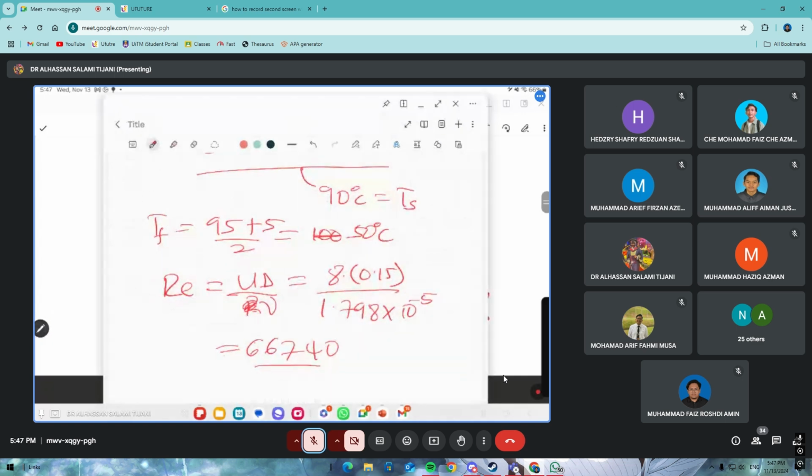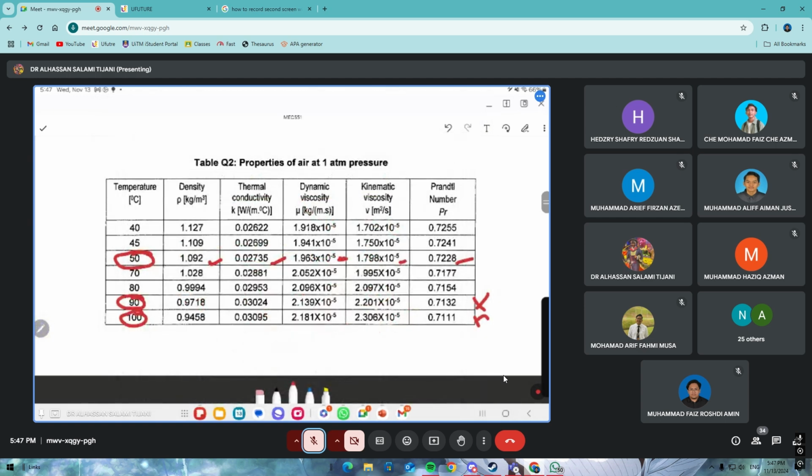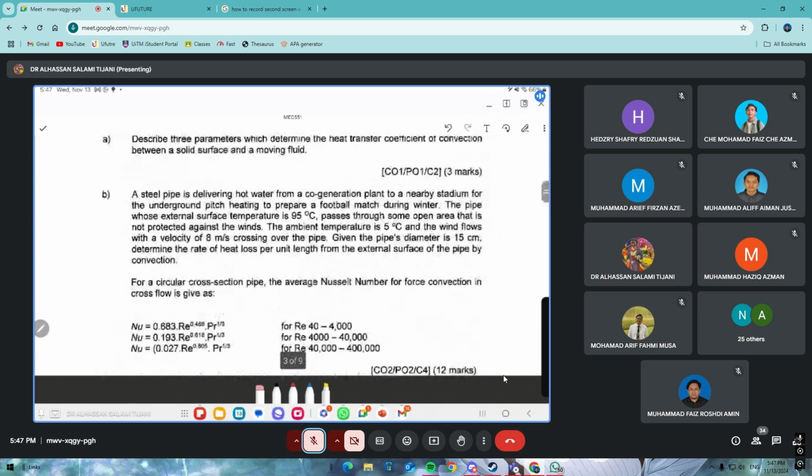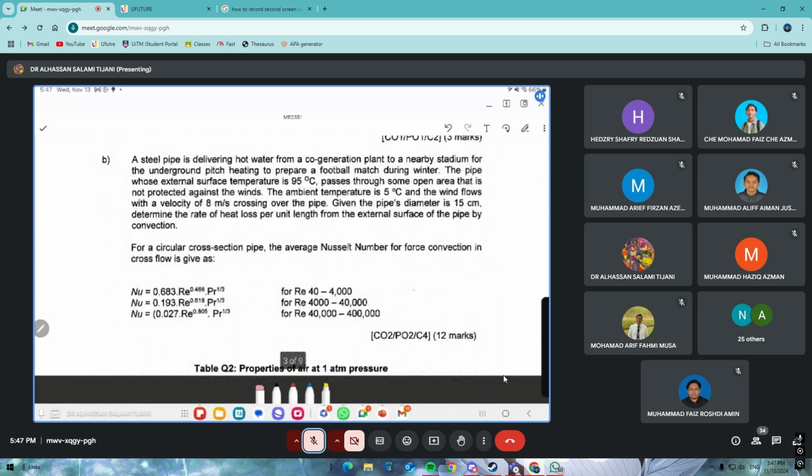Let's see. 66740. Okay. So here we have 66740. Looking at this situation, which one should we take? So this is 66,000.